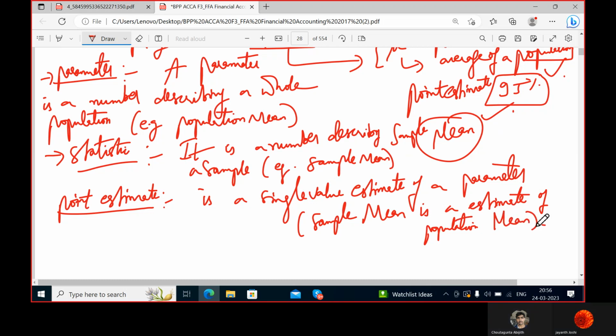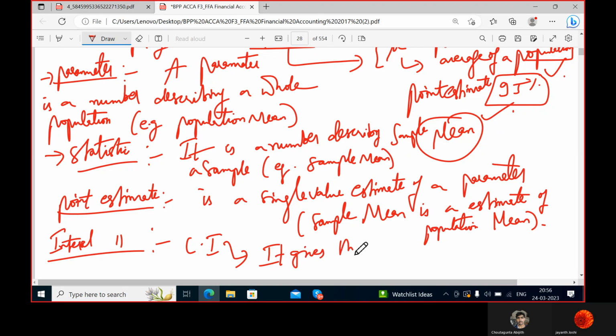Okay, and what is interval estimate? The one which we are studying right now, confidence interval. So this confidence interval gives you what? It gives you a range of values where the parameter is expected to lie. I'll give you a formula also of this.